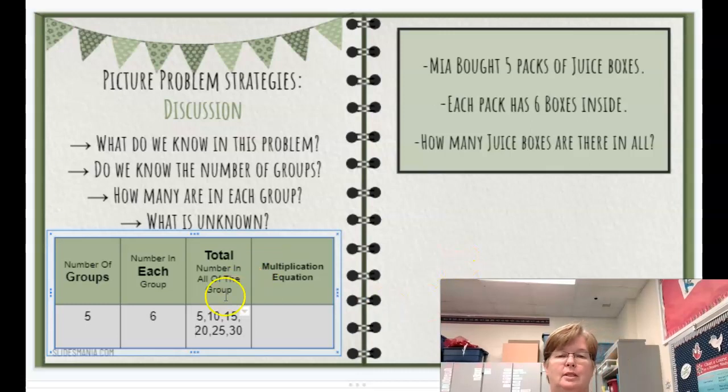Okay, do I have 6 numbers written down here? 5, 1, 2, 3, 4, 5, 6. So the last number is the answer to my multiplication problem. My multiplication problem is 5 groups of 6 equals 30.